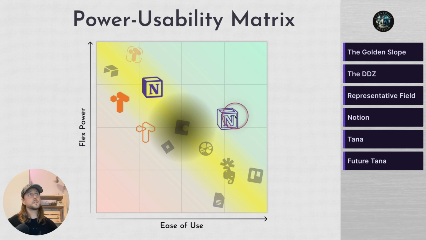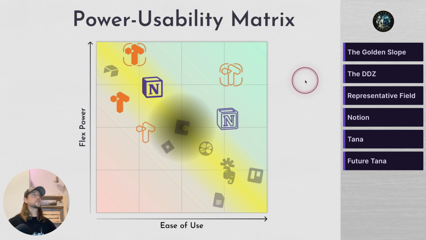Now, what about the derivatives of Tana? What can they do? Is it going to be more like this or more like that? More like that, more like Notion. This is going back to the theory of how Tana works, how it's built, and how you can use it.